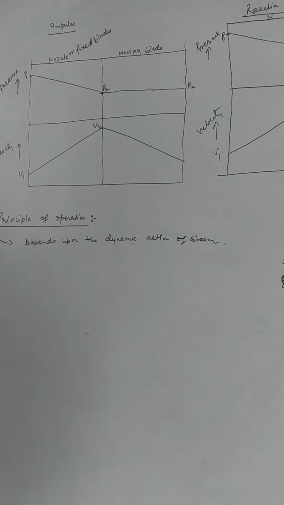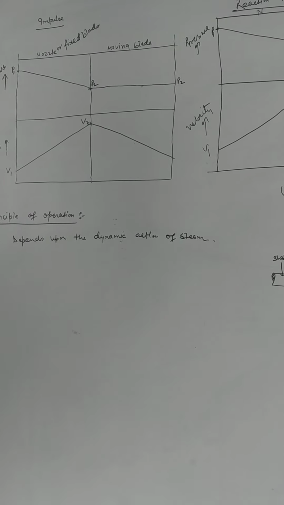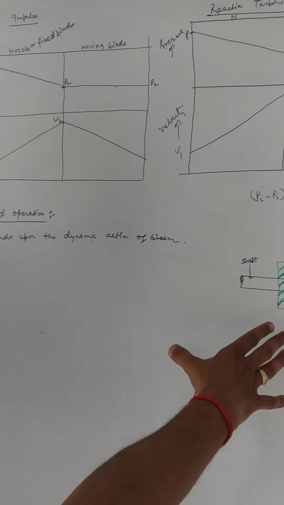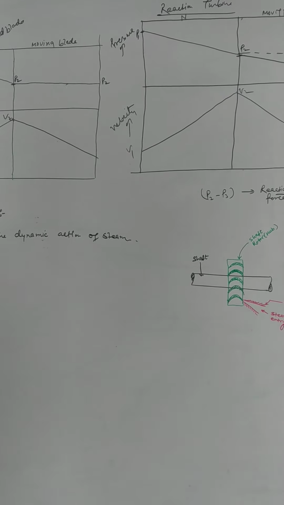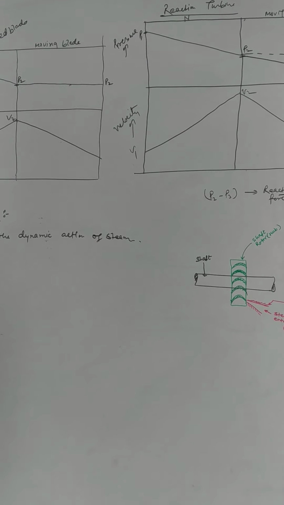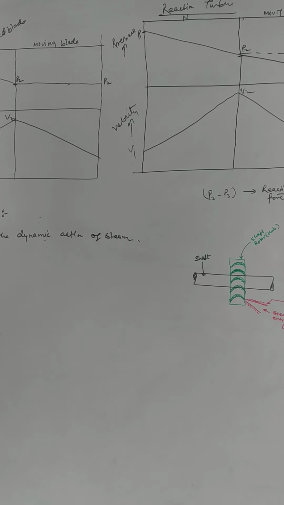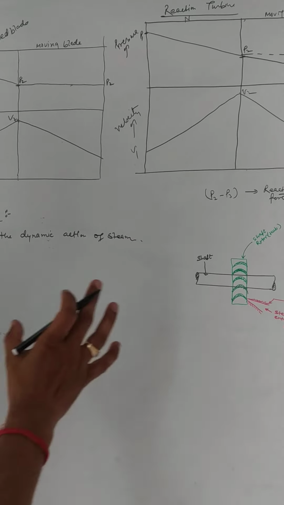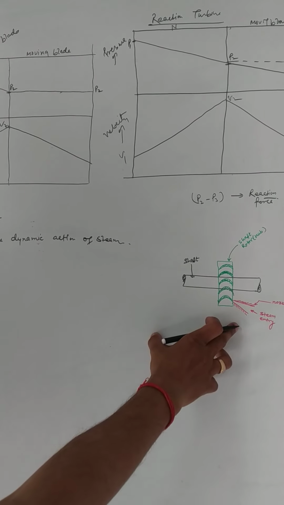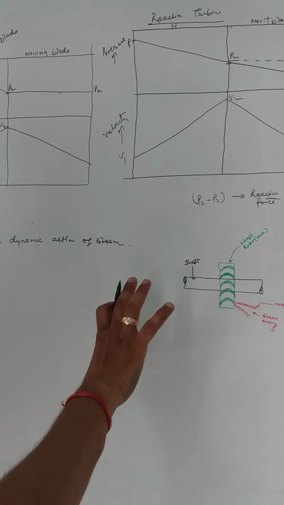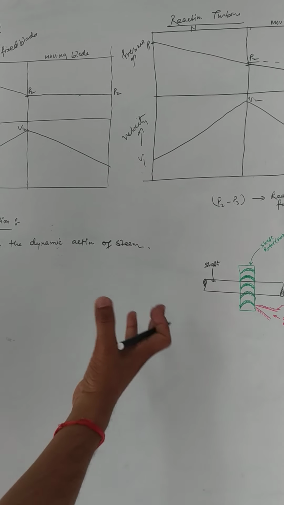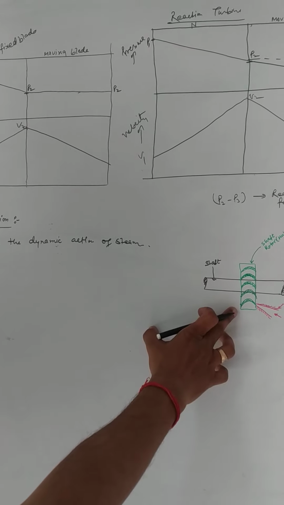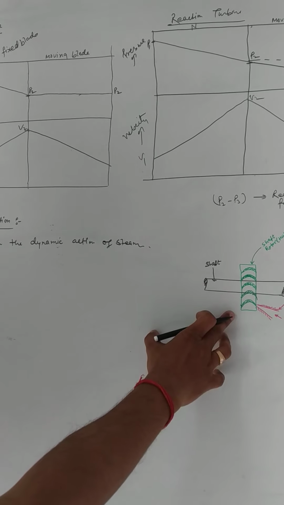First of all, steam enters the nozzle and is expanded in a series of nozzles, where the pressure energy of the steam is converted into kinetic energy. It gives high velocity to the steam jet at the exit of the nozzle.